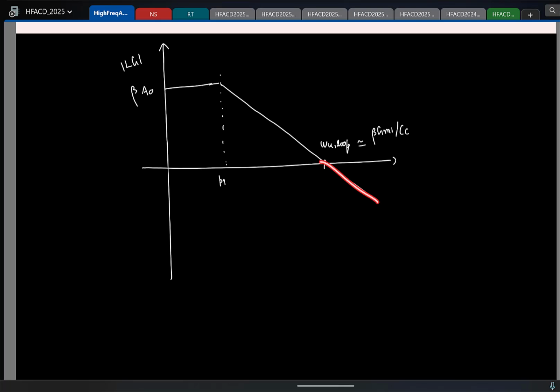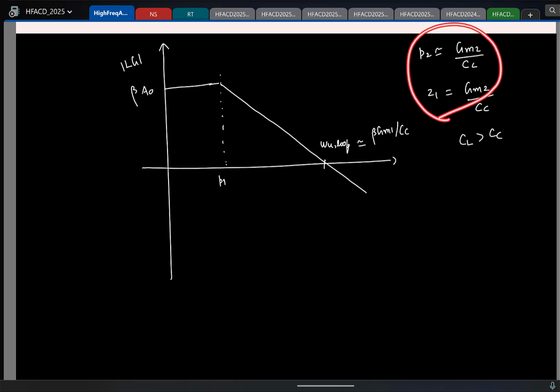And after this, we have the high frequency pole and the 0. So if I look at the second pole location, I know the second pole is roughly at GM2 by Cl. The 0 is GM1 by Cc, sorry, GM2 by Cc. If I assume that the load capacitor is dominating, then which one will occur first?